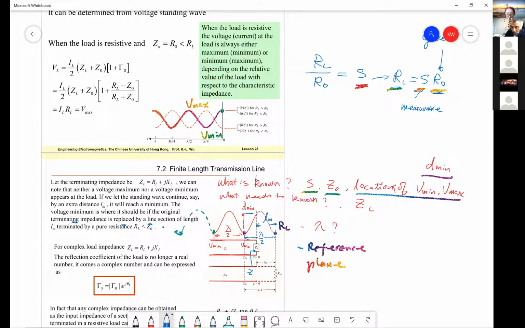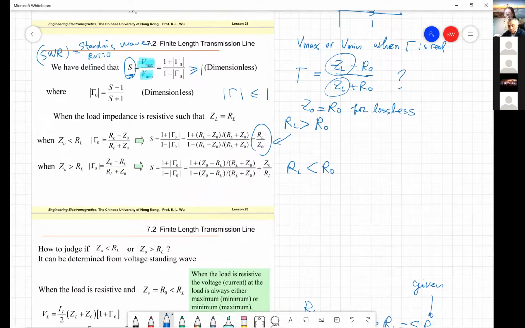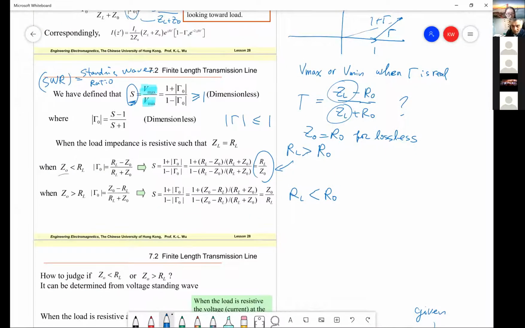Now you also understand why it is important. We look at a different scenario to use the standing wave ratio. So if you couldn't remember which is which, okay, easy, right?